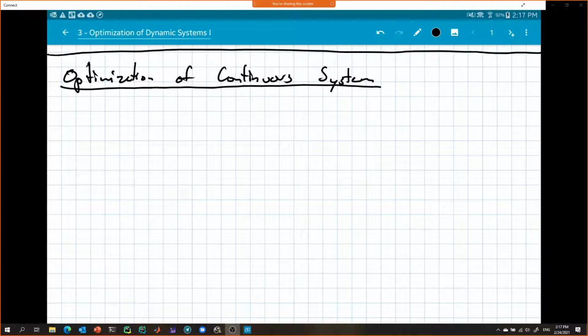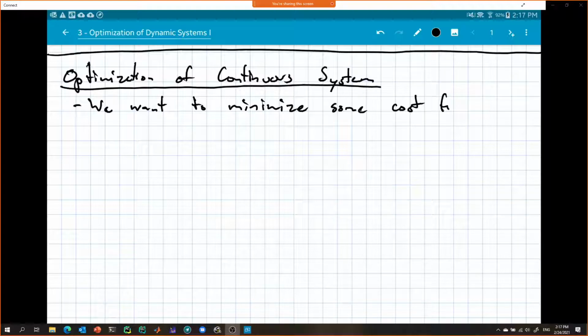So we want to minimize some cost functional J of t and u(t) with respect to u(t).